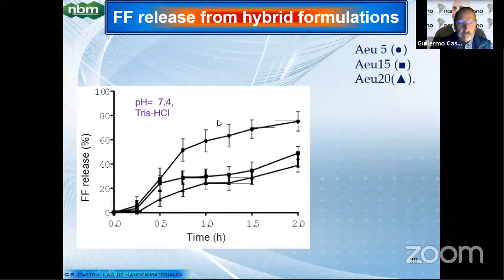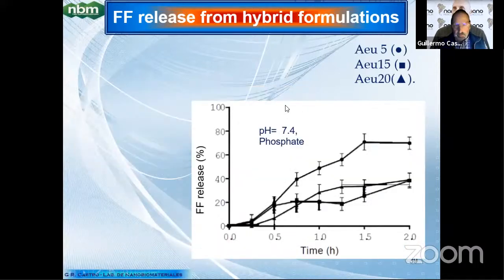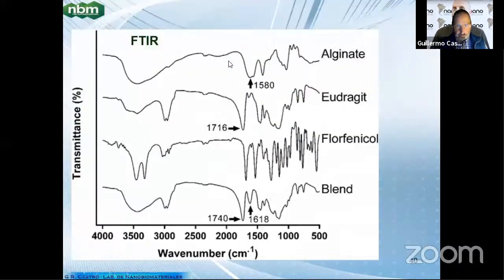Also at pH 7.4, it means that we can change the release, as we mentioned before with pectin, just by changing the Eudragit concentration. This is in phosphate as well. Similar situation. In this case, as you can see, the first time is lower at Eudragit 50.